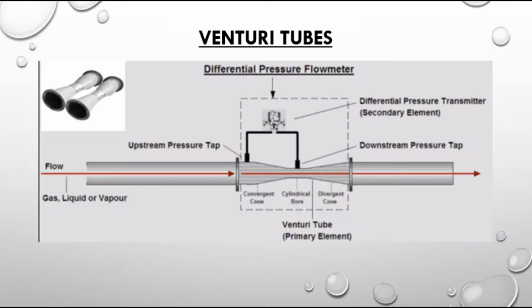The upstream pressure tap and the downstream tap measure how this happens. This method is used in applications such as air, water, fiber, steam, gas, and chemical substances. Using this type results in less pressure drop than the orifice plate type.